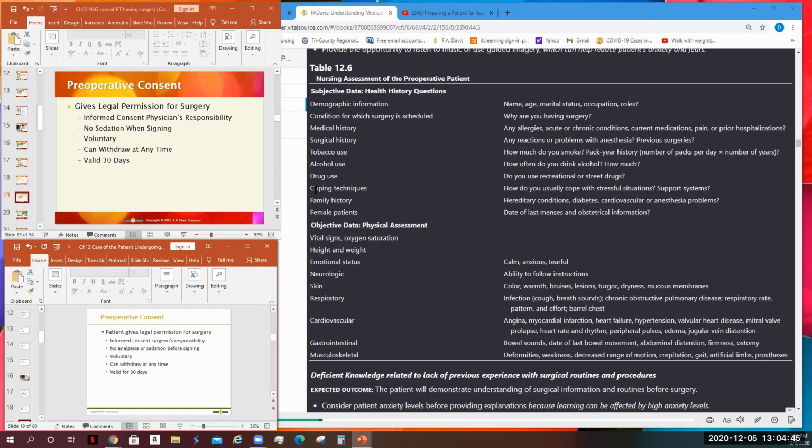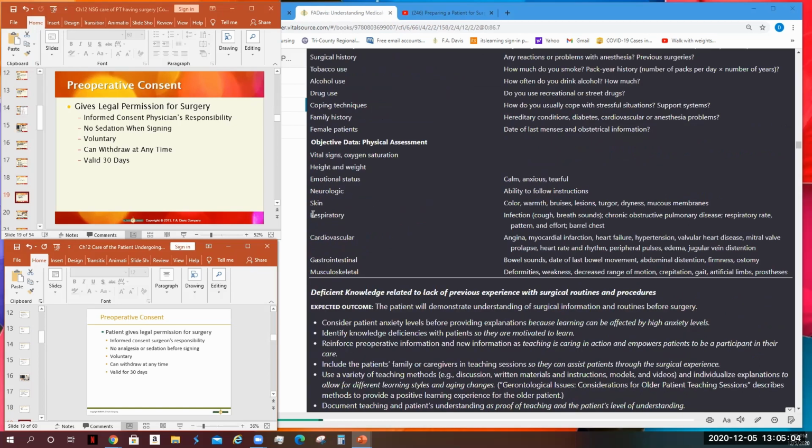Support systems? Family history, hereditary conditions, diabetes, cardiovascular or anesthesia problems. For female patients, the date of the last menses or period, and obstetrical information.